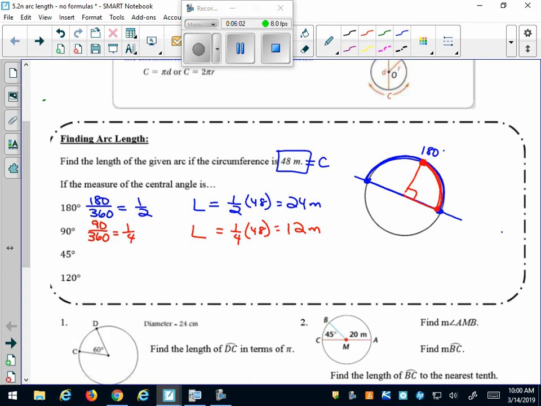The next one is 45 degrees, which basically cuts that 90 degrees in half, right? If the central angle is 45, that means the arc measure is 45. 45 out of 360 is what fractional part? 1/8. So the length of the arc then is going to be 1/8 of the whole circumference. 1/8 of 48 is 6 meters.